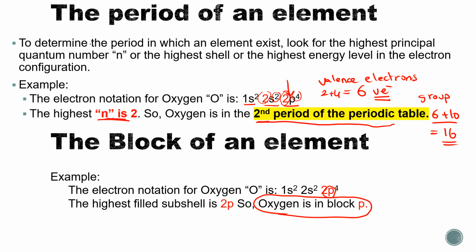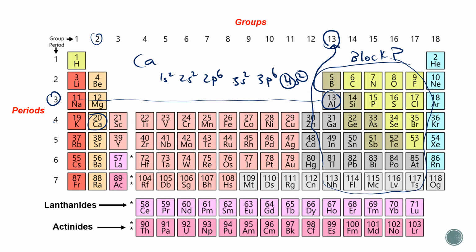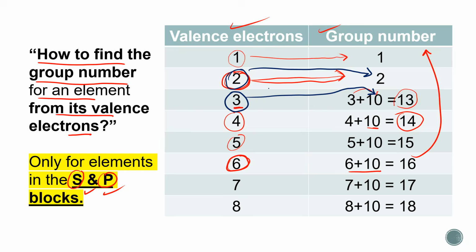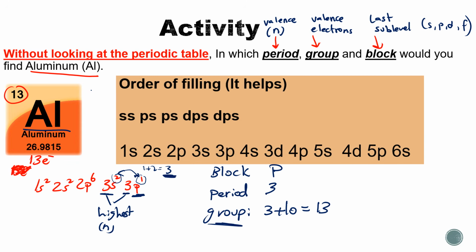Why? Because we said if you have 2 valence electrons, you just use it as the group number directly. And it's in block s because it ends with s. So it's in block s, as you can see here. Okay, guys, so you can practice as much as you need and as much as you want. All right?